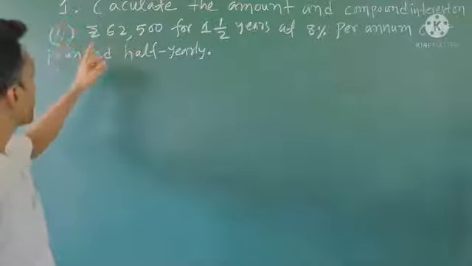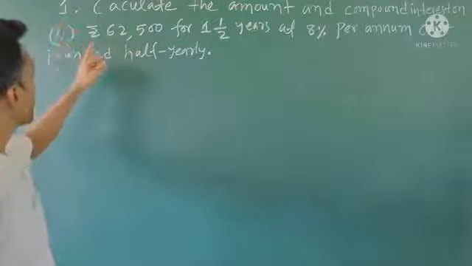Here it is given per annum compounded half yearly. So first of all, write the principal amount: rupees 62,500. Next, time. Time given is 1.5 year.